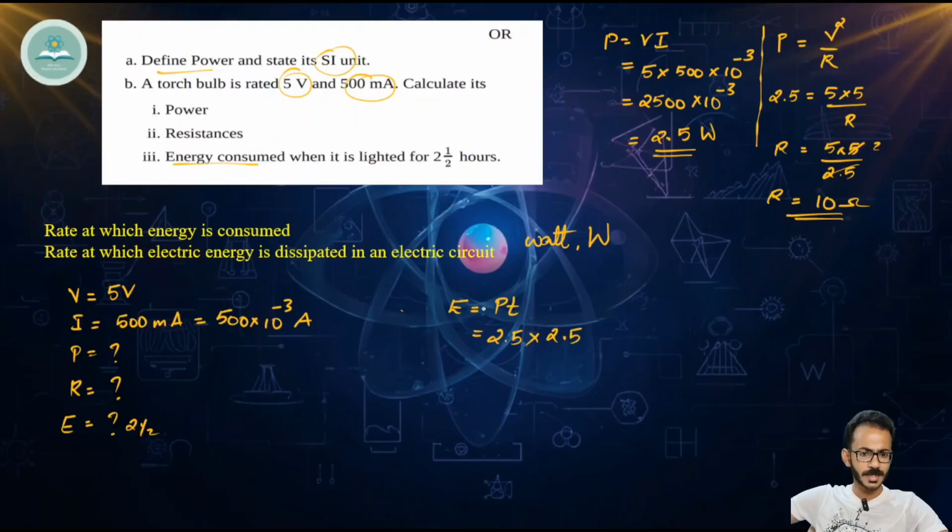So it is power into time. 2.5 into 2.5 will get 25 into 25 is 625. So we will get 6.25. The unit that we take is watt hour. So we got the energy consumed, that is 6.25 watt hour.